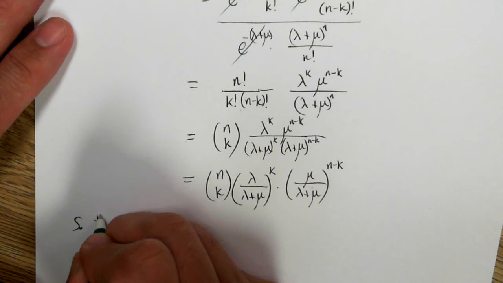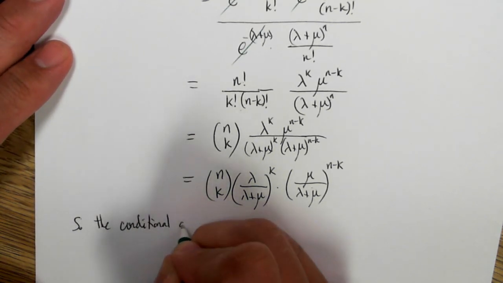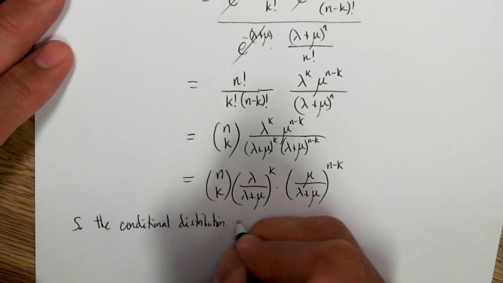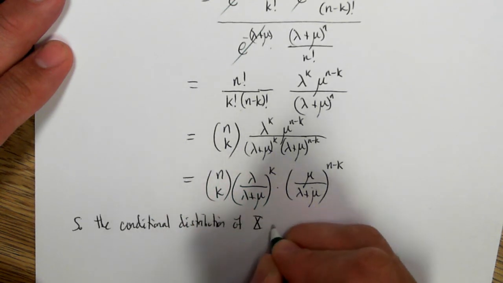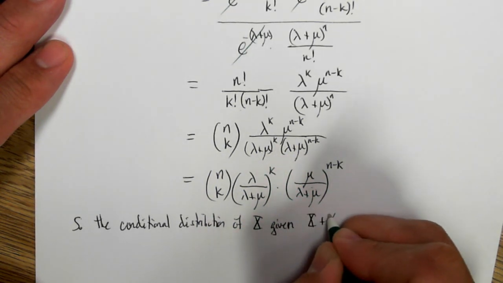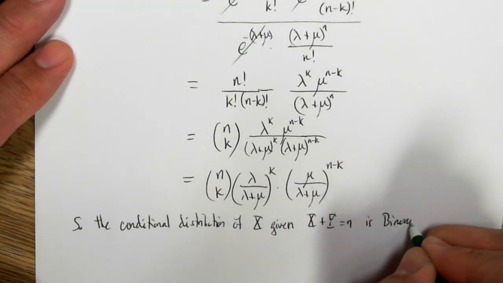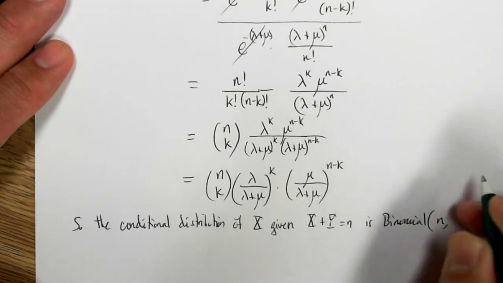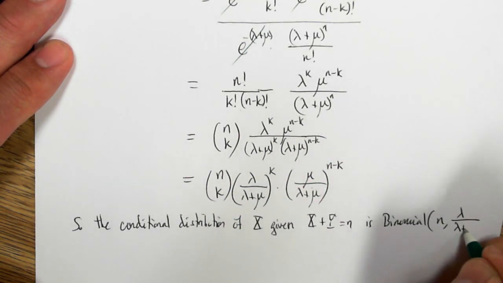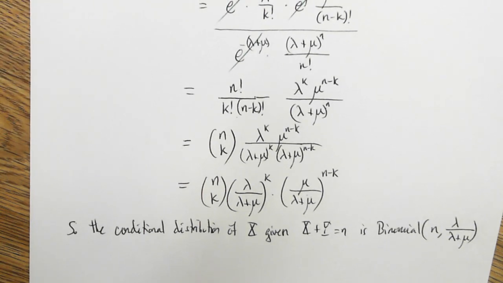So the conditional distribution of X given that X plus Y equals n is binomial with n trials, and the probability of success will be lambda over lambda plus mu. So that's the conditional distribution of X given the sum is equal to n.